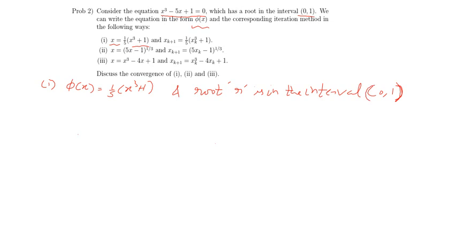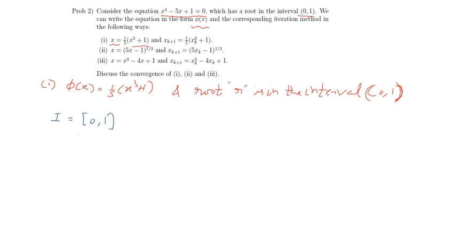Okay, so what we are looking at is the convergence of this scheme. For the convergence, you are going to see whether it maps everything on the interval I, which is, let's say, 0 1. This function is differentiable as many times as you want, because phi is a polynomial of degree 3, and a polynomial is infinitely differentiable.